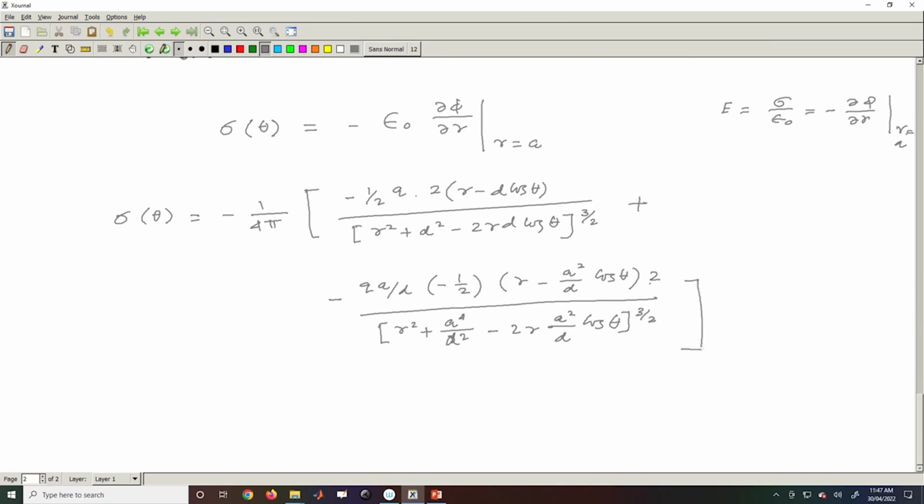Looks a very lengthy calculation, but very straightforward. Okay, evaluated at r equal to a.